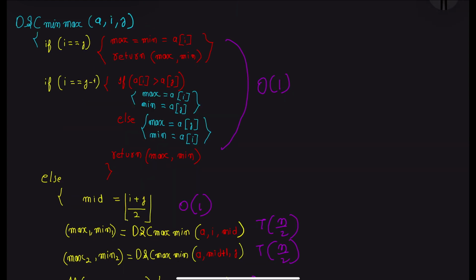We can write a recurrence relation for this. T(n) is equal to big O of 1 if n is equal to 1 or n is equal to 2. So when the size of the array is 1 or 2, we will need a couple of comparisons to get the max and the min.